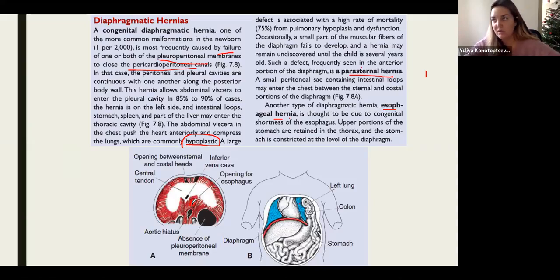So it could be congenital, but it could be not congenital due to high pressure, like obesity or pregnancy. Sometimes you could have this hernia. So it's not fatal. You're just going to have heartburn, a constant feeling of acidity. And yeah, okay, so I think that's it.